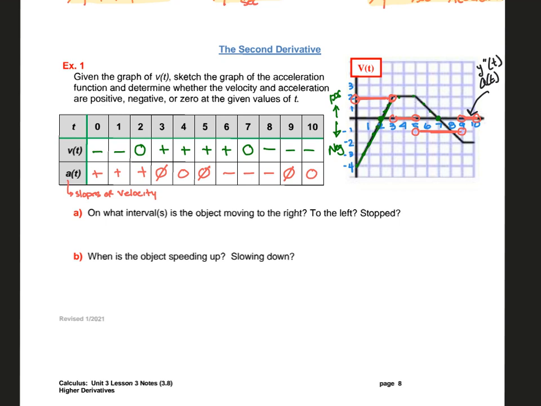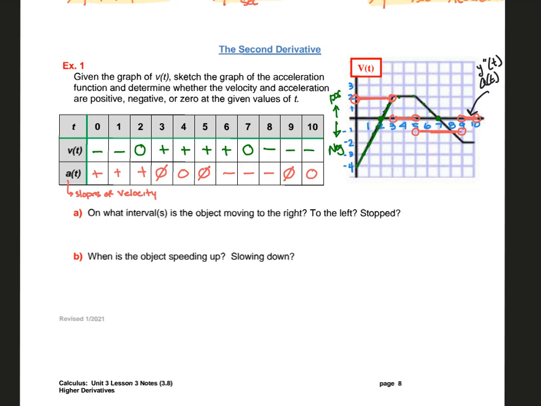All right. This first question here says on what intervals is the object moving to the right or to the left? Moving to the left and to the right is looking at my velocity graph, and really we are just looking at the signs of this. When you move in the negative direction, it's moving left. When you move in the positive direction, it's moving to the right.